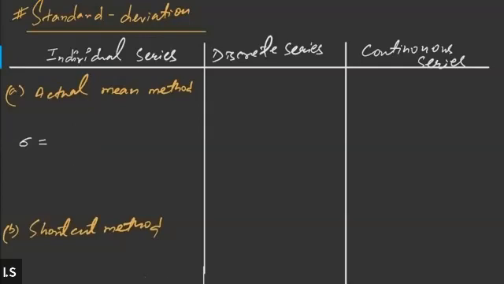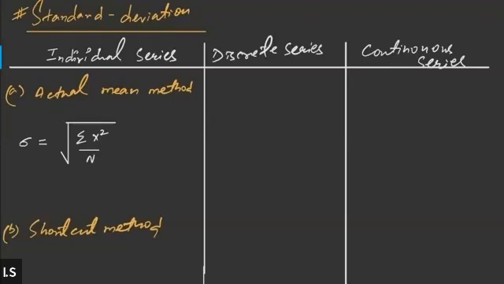Now the formula for standard deviation in case of individual series is under root sigma x square upon n.